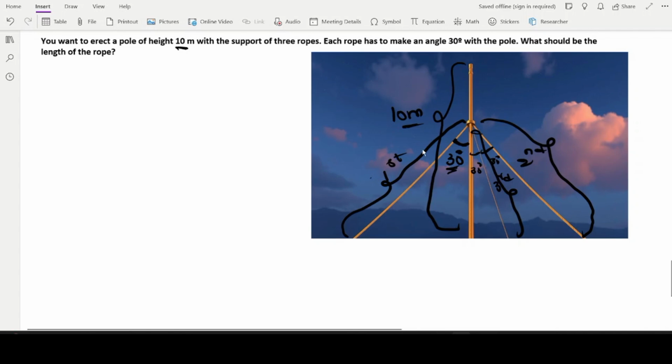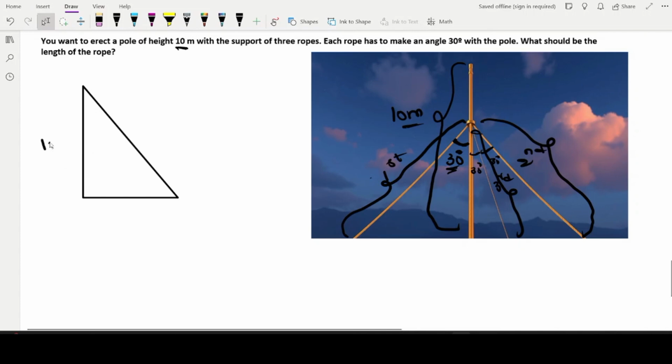So this is the pole height of 10 meters and the rope is here. Let me take the first rope which is making a 30 degree angle. Let me name them A, B, C. If this is the angle, then this would be the opposite side. The slant part becomes the hypotenuse and this is the adjacent side.